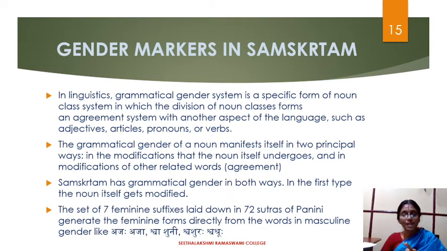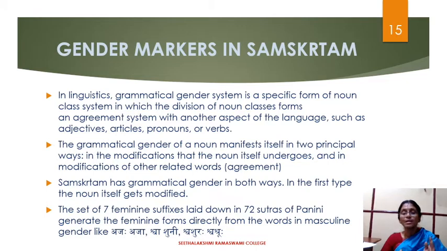In the first type, the noun itself gets modified. How? We have a set of 7 feminine suffixes laid down in 72 sutras of Panini. With these 7 feminine suffixes, we generate the corresponding feminine forms directly from the words in masculine gender.